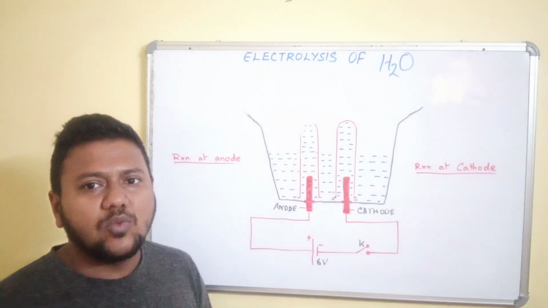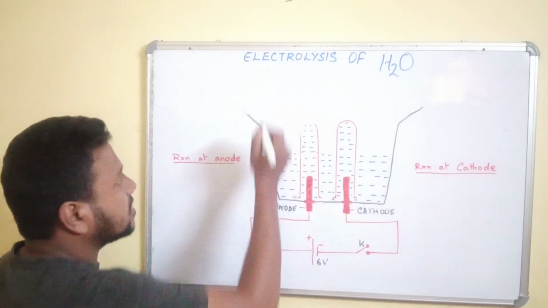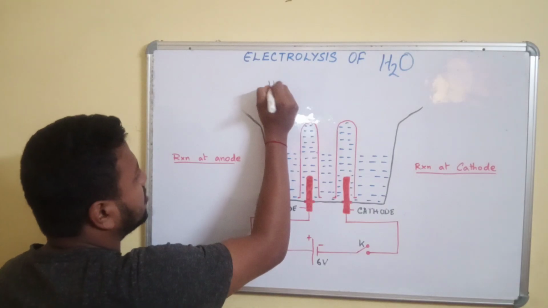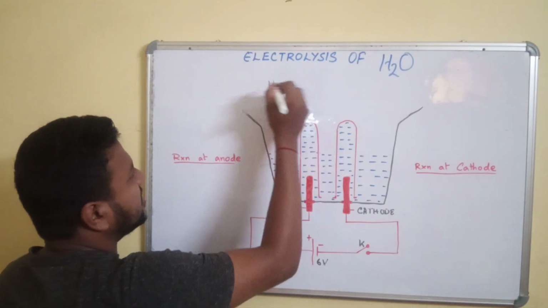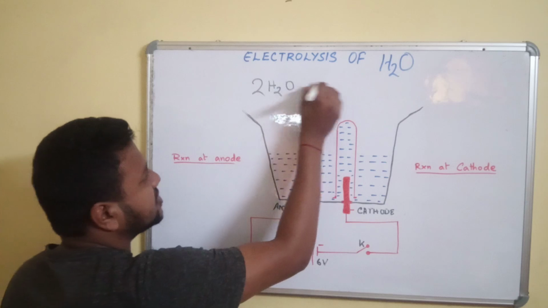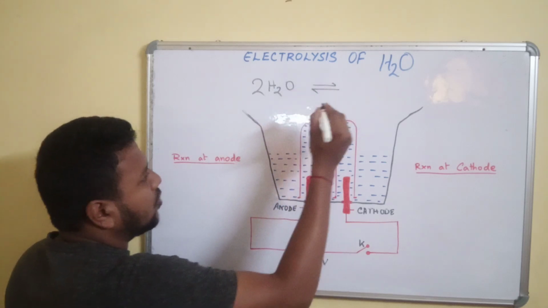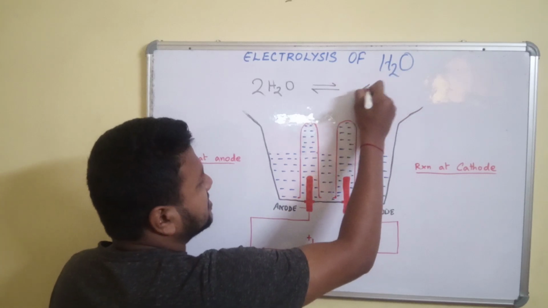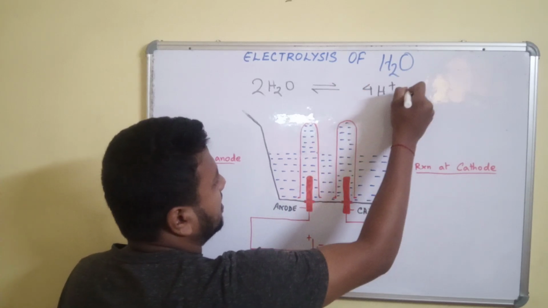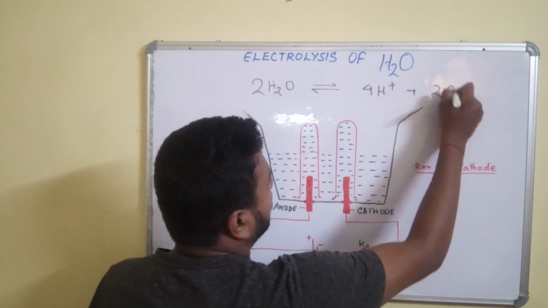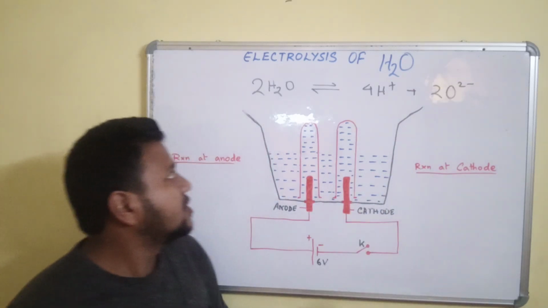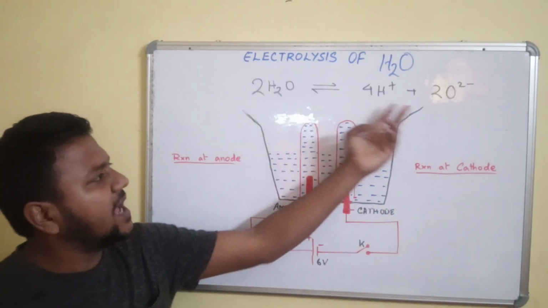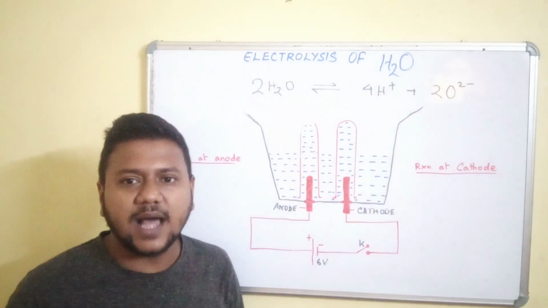Now we will understand that when water is broken down, say two molecules of H2O, we get 4H+ plus 2O2- ions. Here we have 4H+ and 2O2- ions.